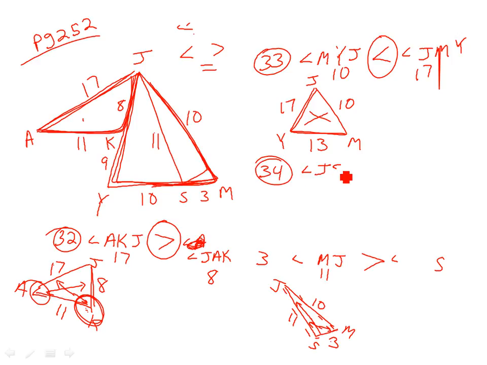Angle JSY and angle JYS. Which triangle are those in, Robert? My question was, how can two triangles have different measurements?